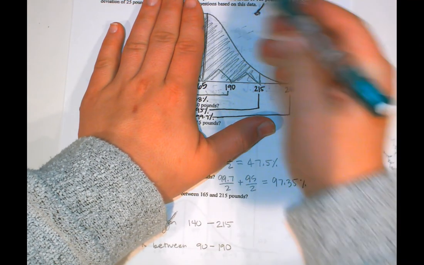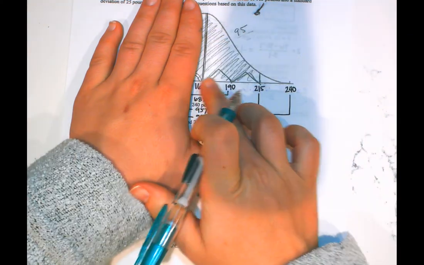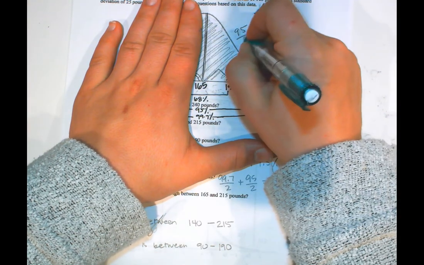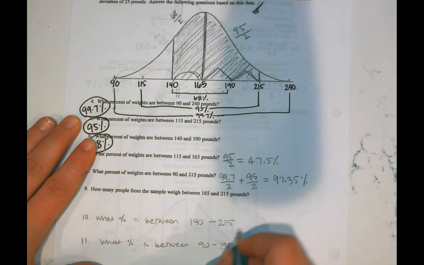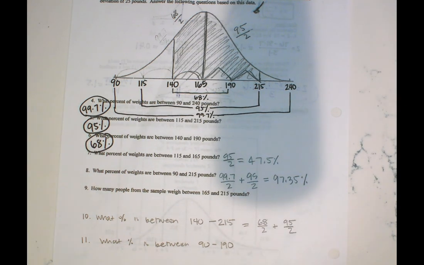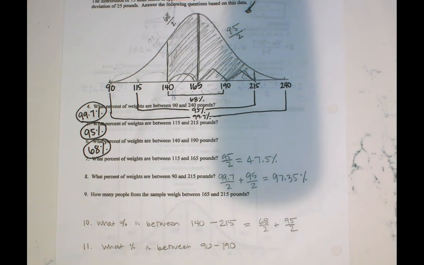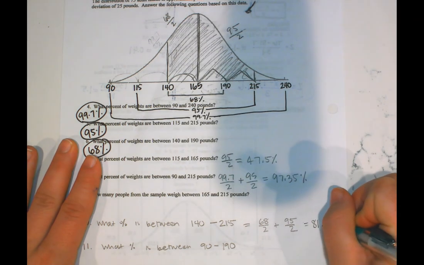I take my empirical rule of 95, but I'm only looking at half of that, so I divide by 2. Then I add them together: 68 divided by 2 plus 95 divided by 2. That gives me the full picture that I just drew, which is 81.5%.